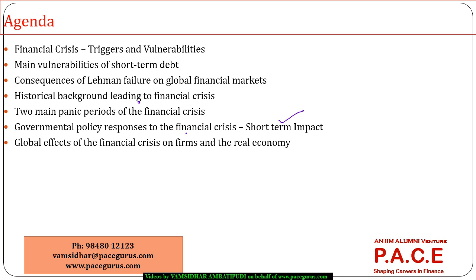We are going to talk about them. And what are the global effects of the financial crisis on the various firms and the real economy per se? So these are the various article related aspects that we are looking at in our current session.